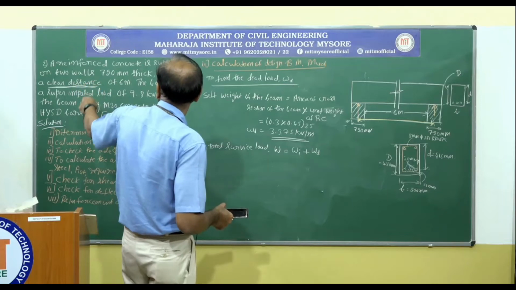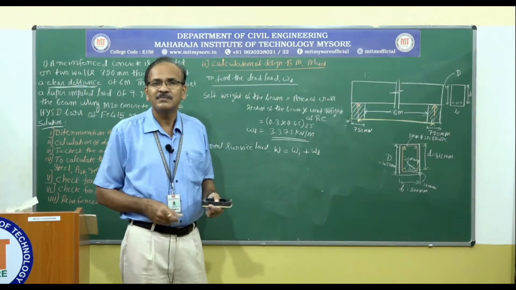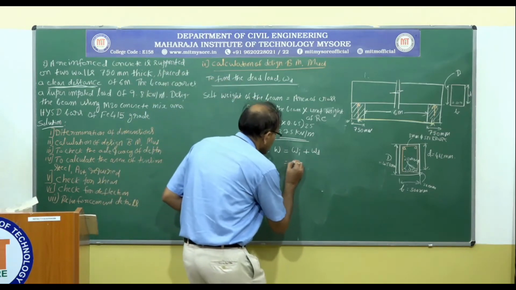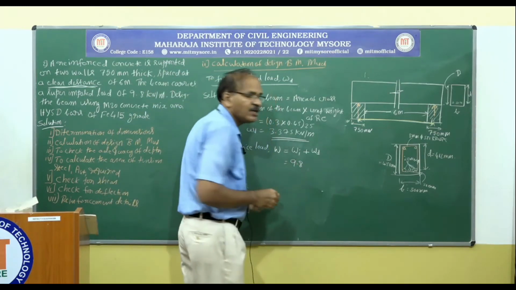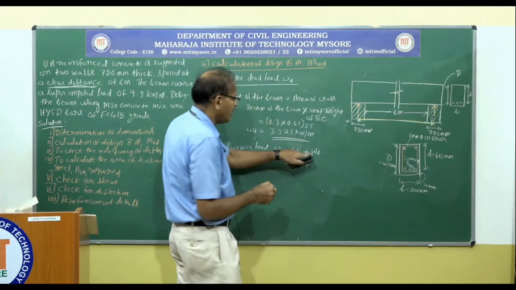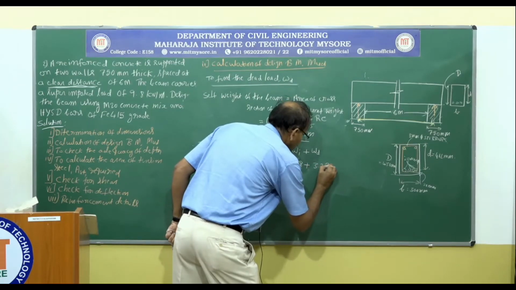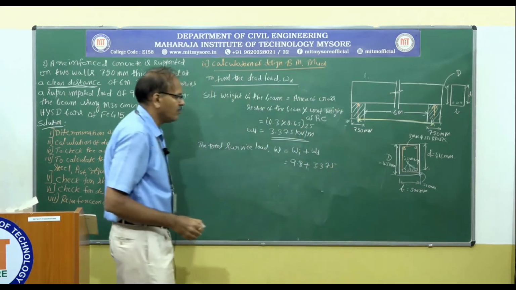Here it is given 9.8 kilonewton per meter. That is 9.8 kilonewton plus what is WD? That is 3.375. Okay.